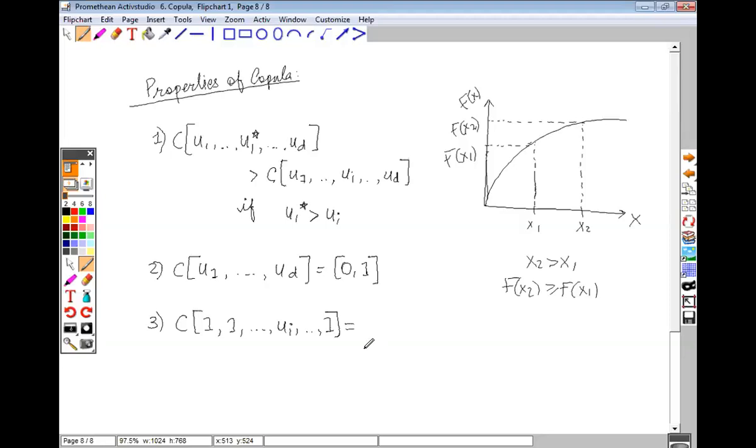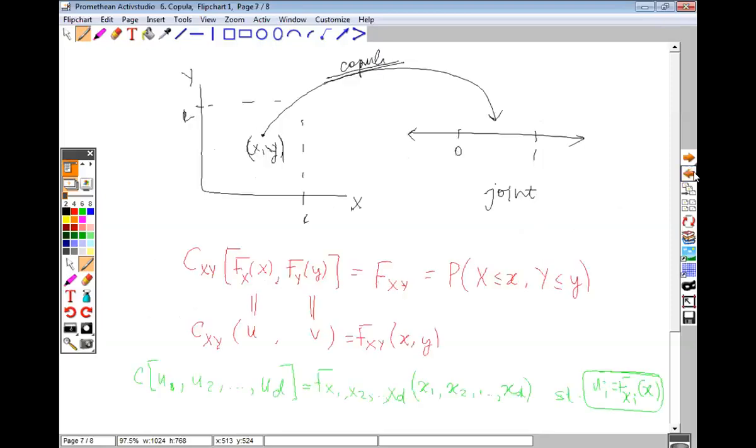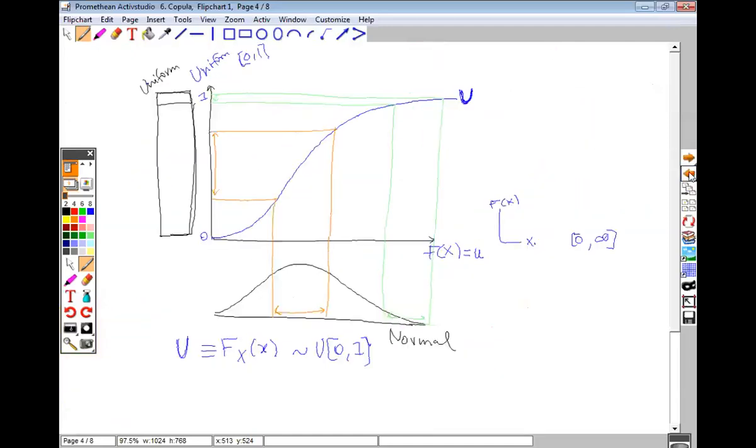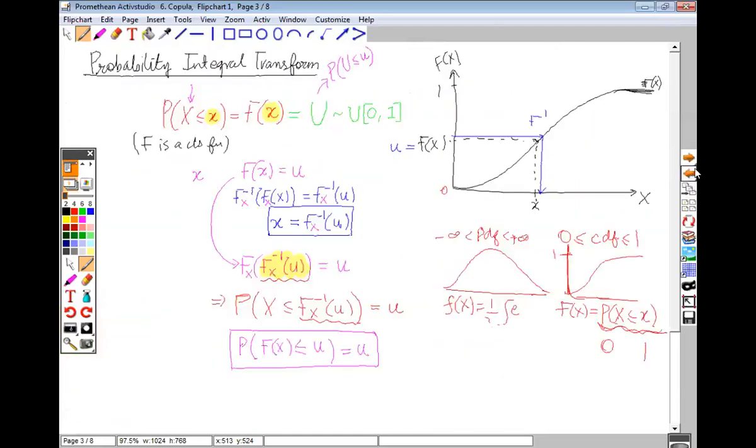What was the distribution for F of x? Anyone? Okay, we should go back. Yeah, we saw here that the probability that F of x will be less than or equal to u is nothing but u itself. And why? Because this u is a number between 0 and 1, and that is the only reason you get a u here.